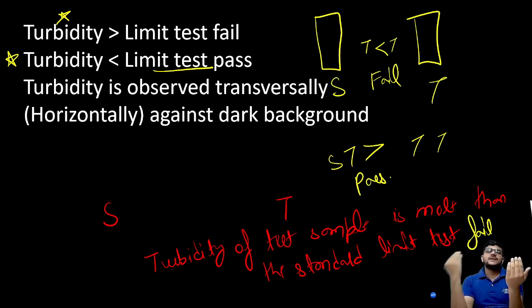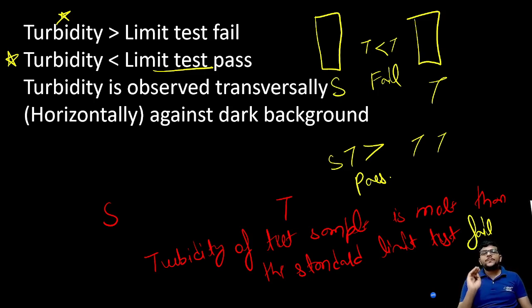Are you able to see that there is a black background just behind me? So I am using a black, or dark, background, and I am observing the turbidity horizontally. I am not comparing vertically, I am not seeing like this. I am looking like this: test, standard, test, standard.